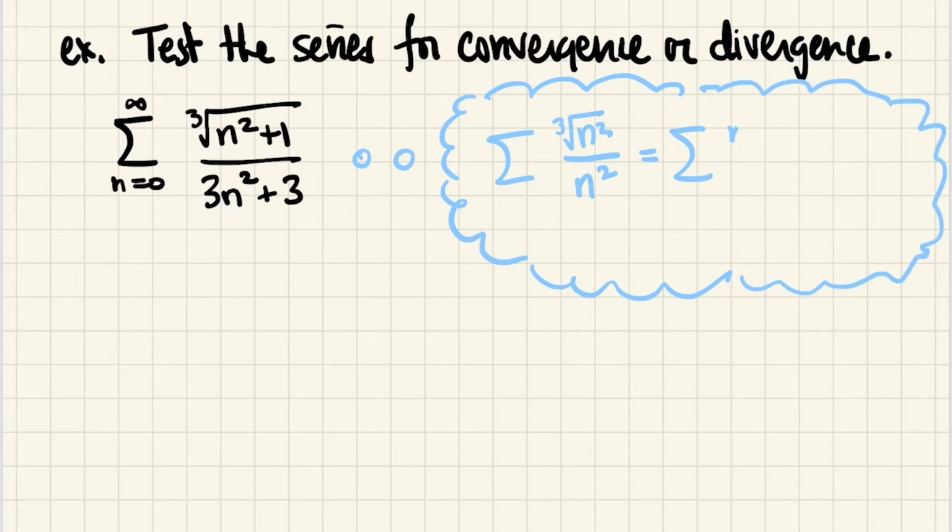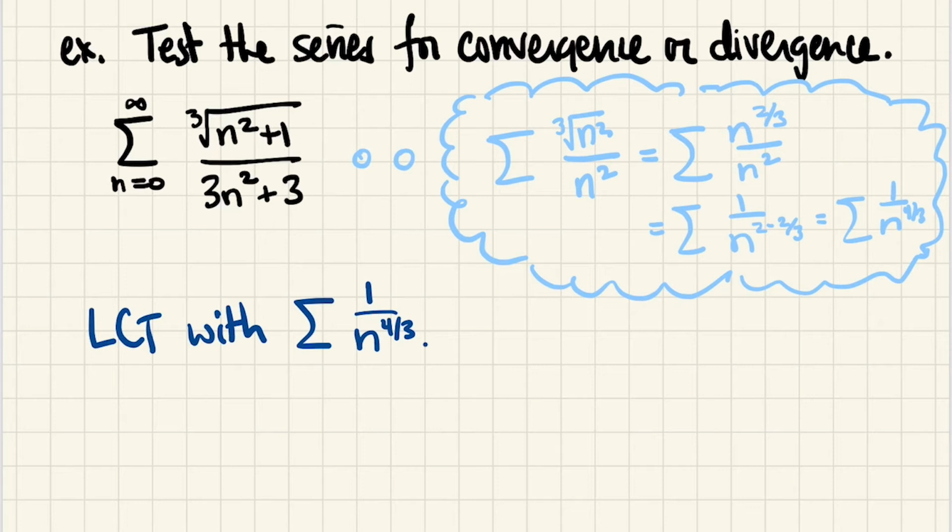So this is n to the 2/3 divided by n squared. So this is 1 over n to the 2 minus 2/3, which is 1 over n to the 4/3. And that is the series to which we will compare our original series.